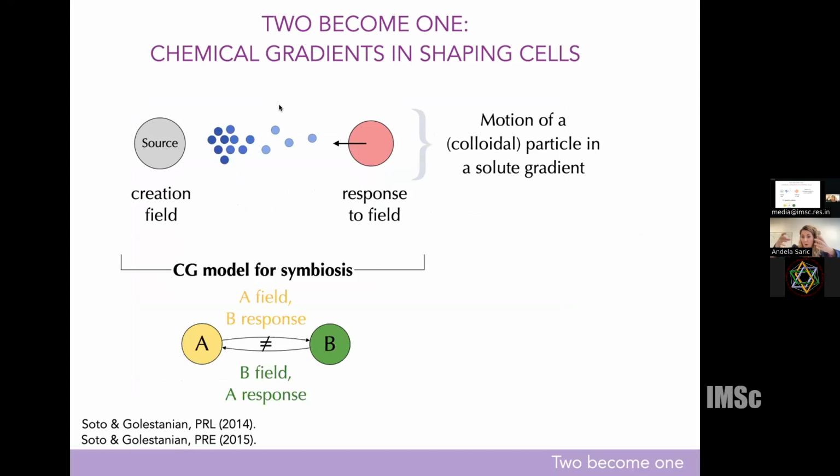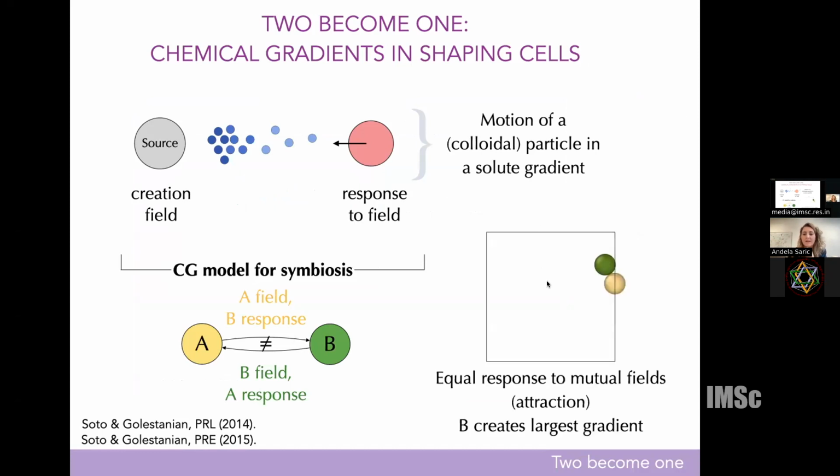So the way one colloid responds to the chemical of the first one is different than the way the first one responds to the gradient of the second one, right? So that has been done in the colloidal context, both in experiment and, let's say, Raman Goldstein in simulations. And what you get is that one colloid follows another one, and the gradient of another one, you get something that looks like predator-prey, so one chasing another one.